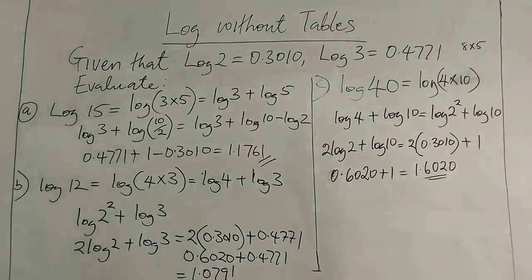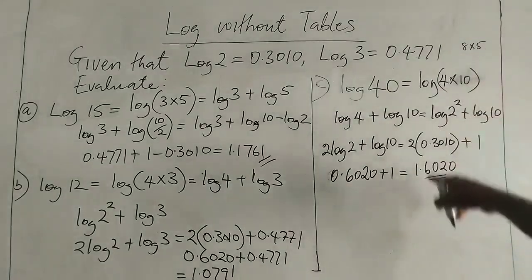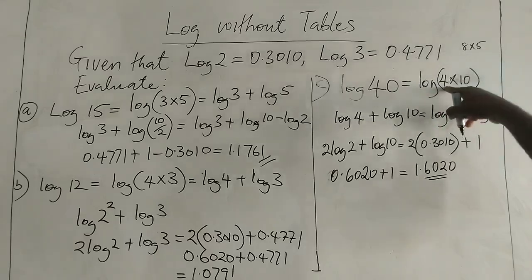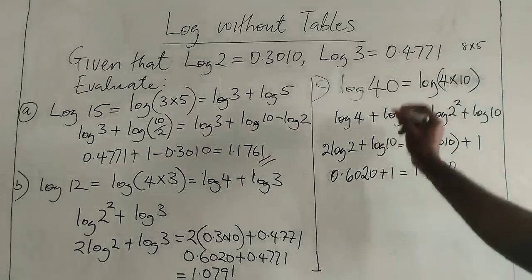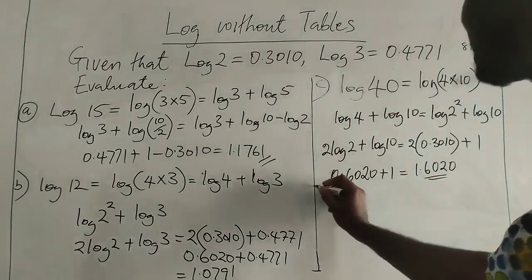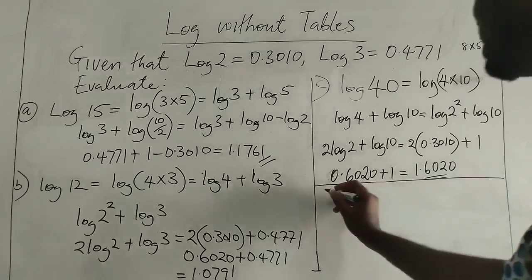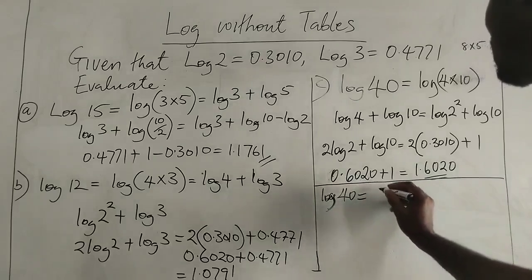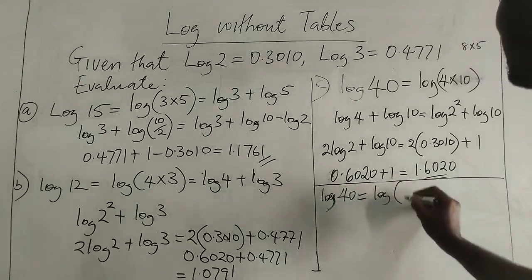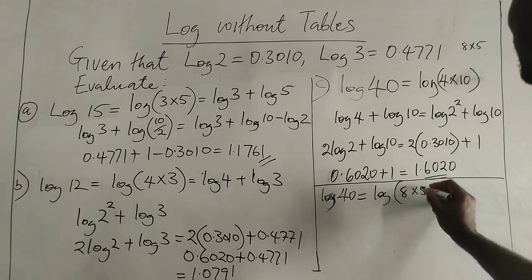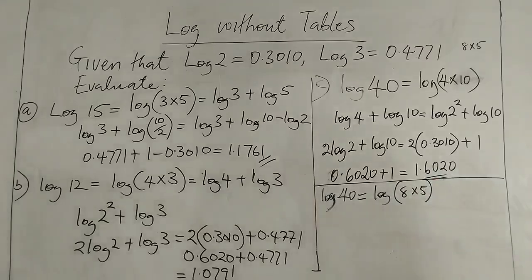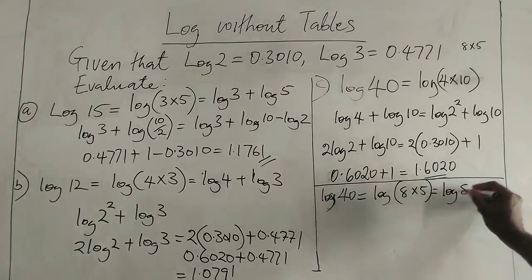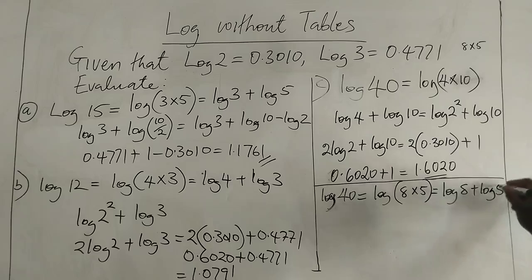Let's see how possible it is. If you decide to choose 8 and 5 instead of 4 and 10, log 40 equals log 8 times 5. And applying the law of logarithm, we'll have log 8 plus log 5.